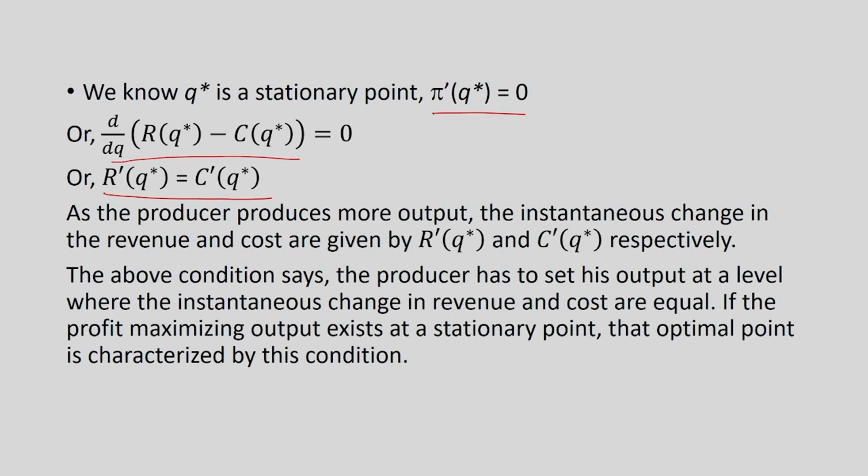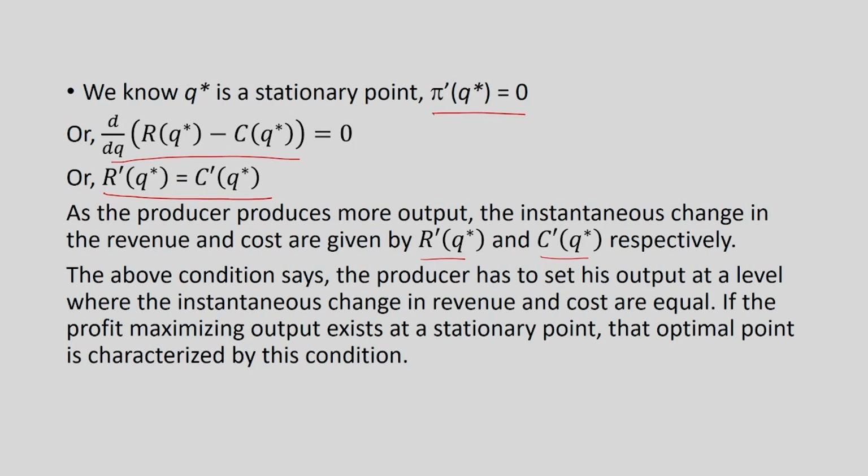As the producer produces more, the instantaneous change in the revenue and cost are given by R dash Q star and C dash Q star. So, that is what this means. R dash Q star is the instantaneous change in the revenue as the producer produces more output or even less output.